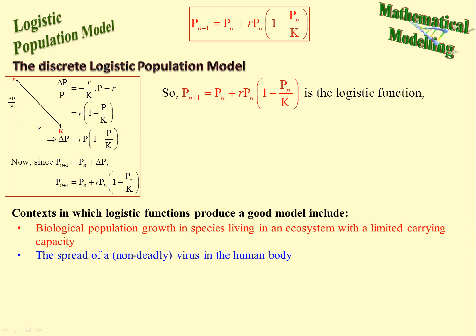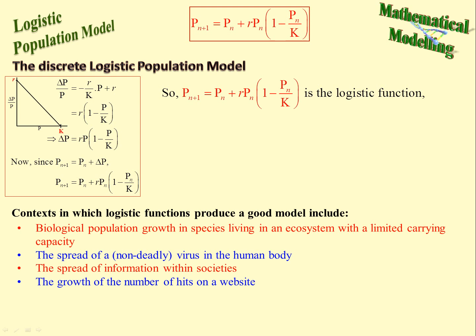Living body. Spread of information within societies. It's interesting. The growth of the number of hits on a website. That's not as predictable, but that does produce a good model.